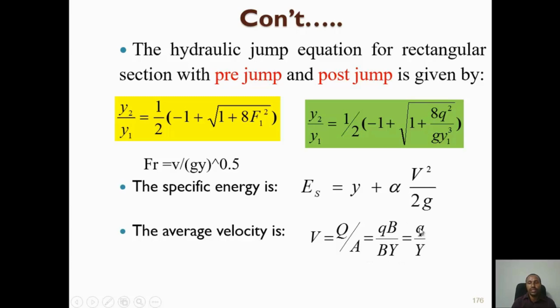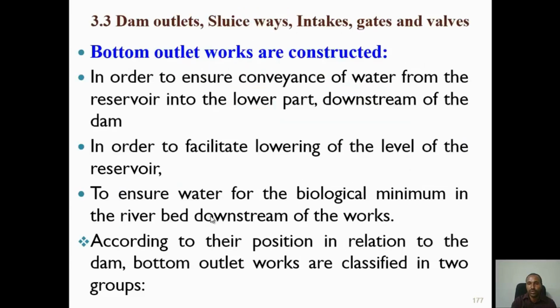Then the width cancels. Then q over y. So if you substitute in place of v, q over y, then you can get, in place of the Froude number automatically, this equation: q squared over g y1 cubed. So accordingly, you have to calculate the downstream depth post-jump.